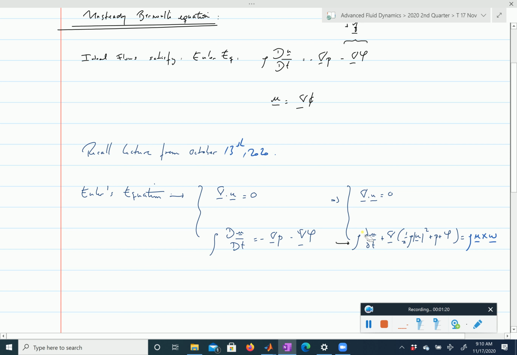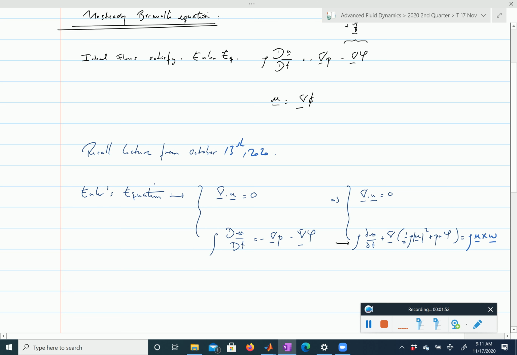So rho partial u partial t plus the gradient of this here, which became the Bernoulli equation, is equal to u times the cross product of omega. What we did to derive the Bernoulli equation is we assumed a steady flow. So this term came out, and we projected that on the direction of the flow. So we take the dot product with u.